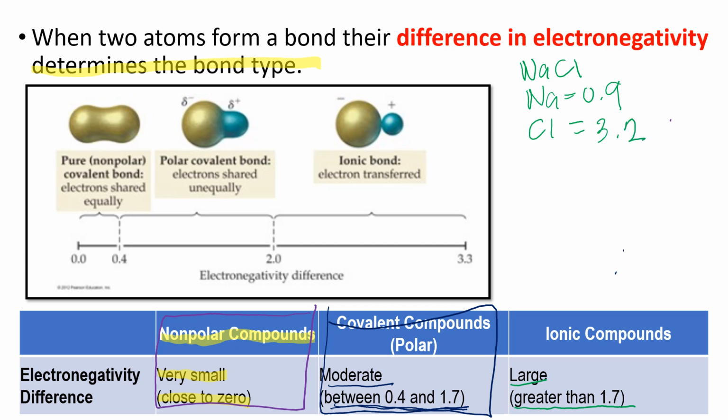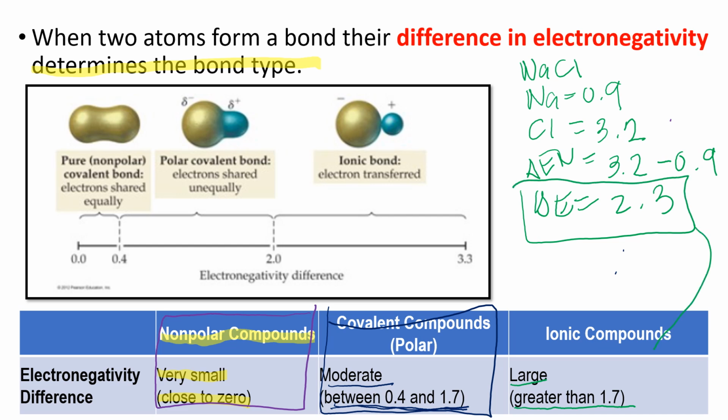Computing the electronegativity difference, we have 3.2 less 0.9, and that is 2.3. And 2.3 is greater than 1.7, and hence sodium chloride is an ionic compound. This method of calculating the electronegativity difference is useful for predicting the type of bond that will form between two atoms.